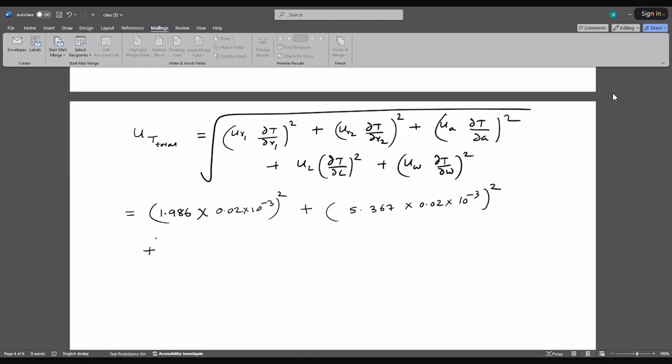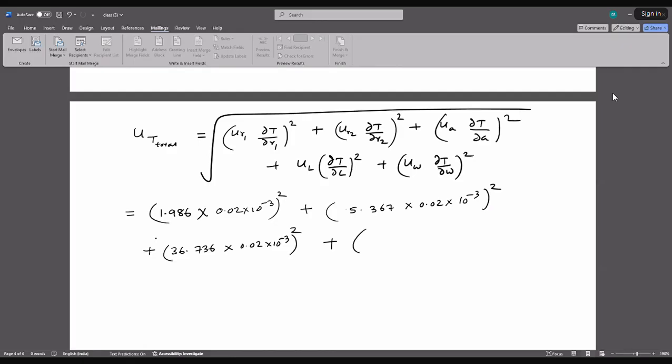plus the UA, which is 36.736, the gradient, into U2 is 0.02 10 to the minus 3, square.